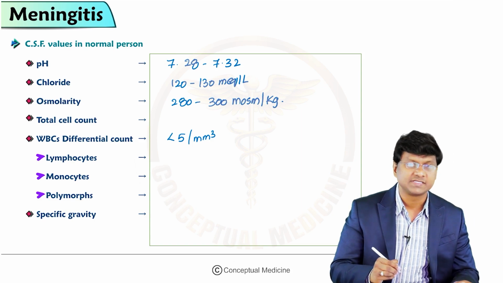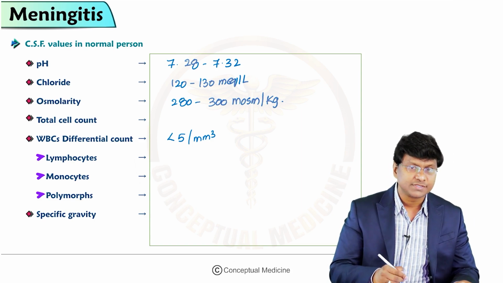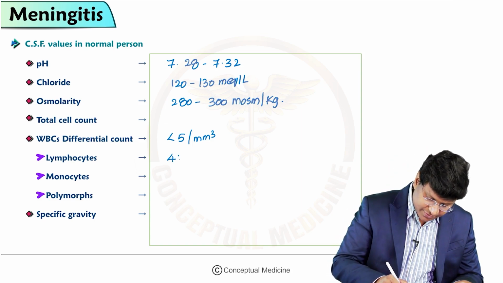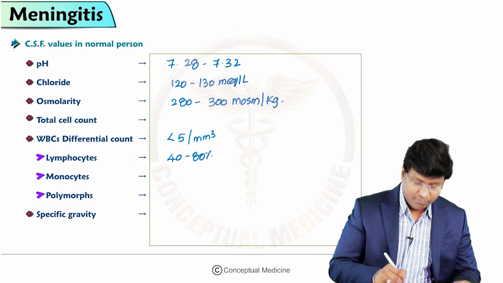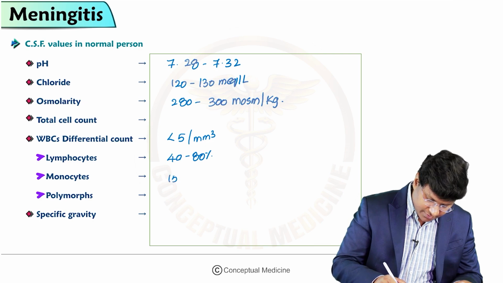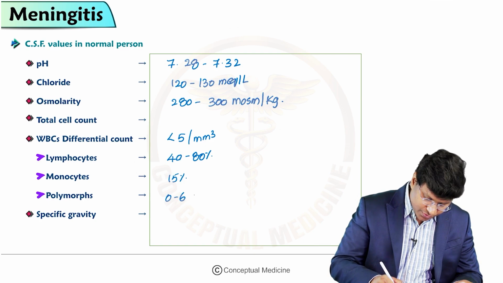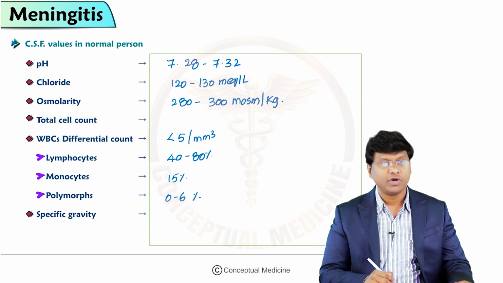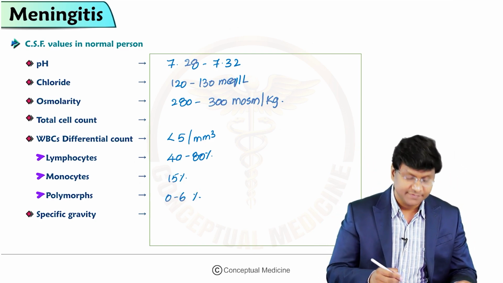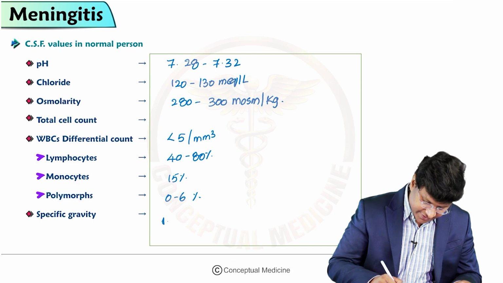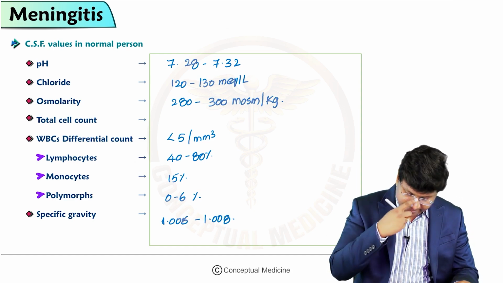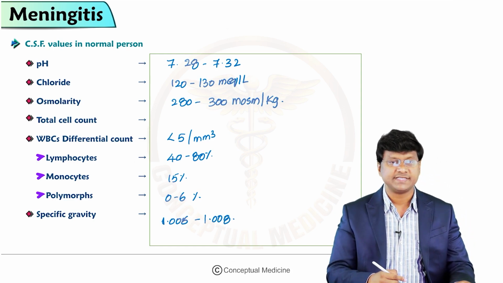Out of this, 40 to 80% will be lymphocytes, monocytes around 15%, polymorphs 0 to 6%. And what will be the specific gravity of this CSF? The specific gravity of the CSF is 1.006 to 1.008.